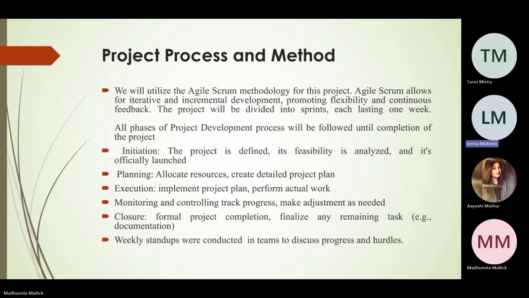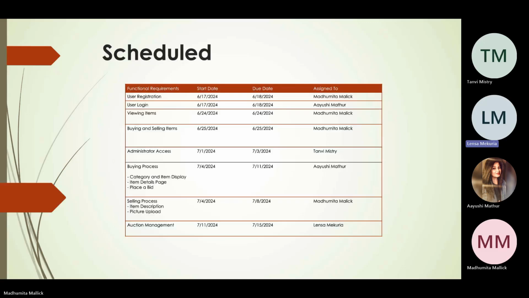All phases of the project development process were followed until completion: initiation, planning, execution, monitoring and controlling to track progress, and closure. We also had weekly stand-ups, conducted in teams to discuss progress and hurdles. Tanvi, you can continue with the next slide.